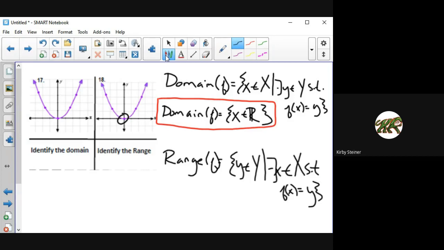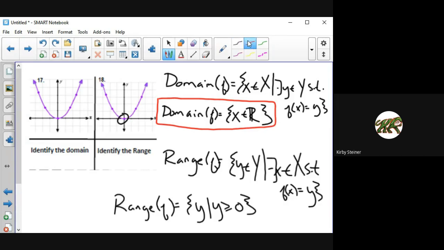We said that there's going to be no y's less than 0 that are defined by the function. So our range is going to be all of those y's greater than or equal to 0. All right, so let's just write that down in set builder notation. So our range of f is going to be the set of y's such that y is greater than or equal to 0. And then there's our answer.